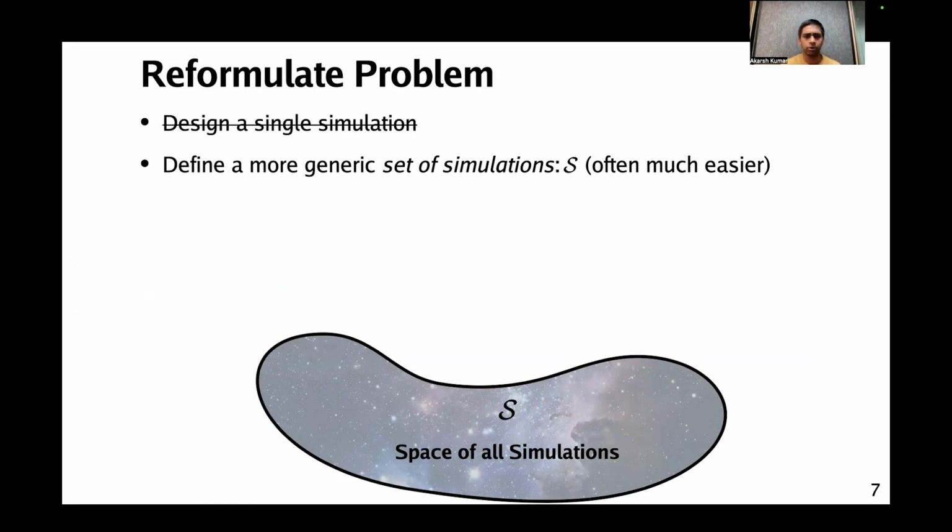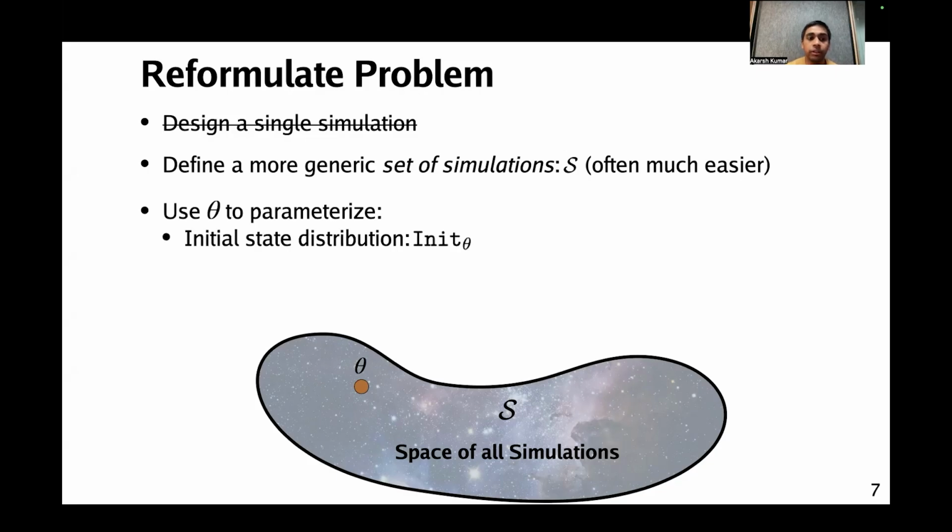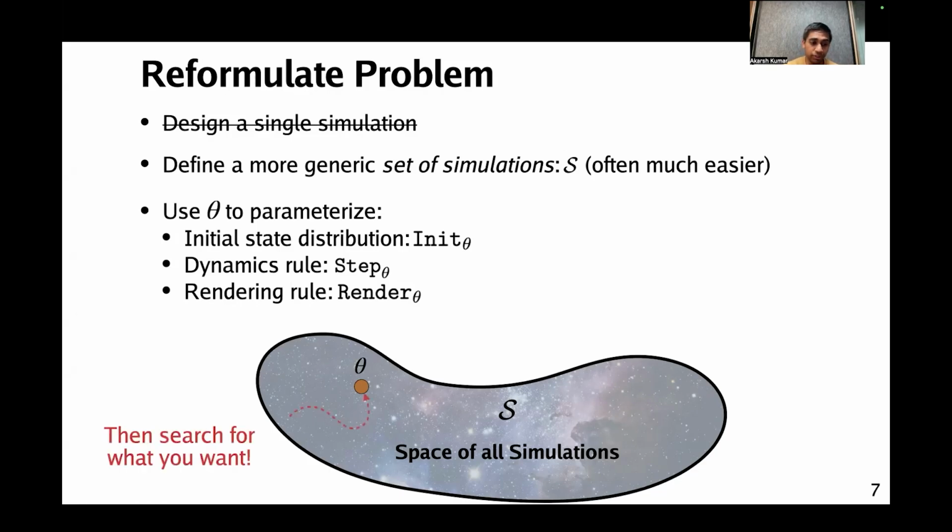That's a much, much easier problem, right? And we're going to parameterize this entire space of simulations using theta. And theta is basically going to describe the initial state distribution of that simulation, the dynamics rule for that simulation, and the rendering rule for that simulation, which takes the state and renders it as an image or anything that can be inputted into the vision language model. And then all we have to do is just search for what we want in this space.